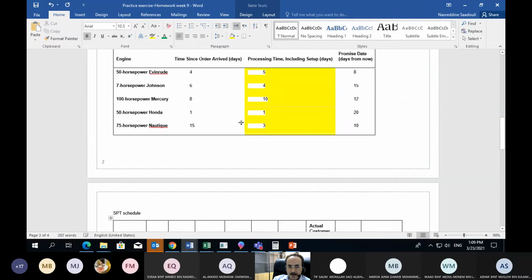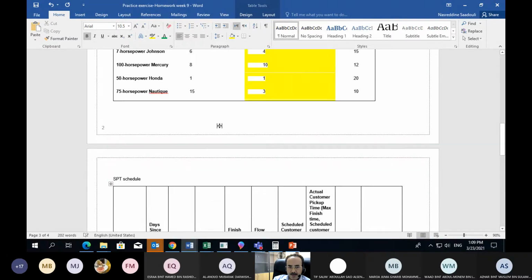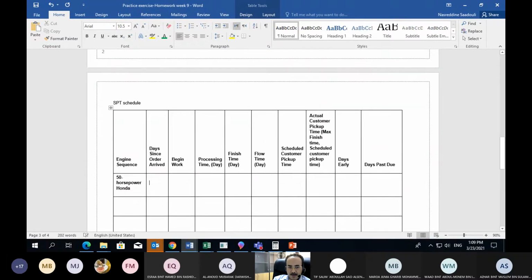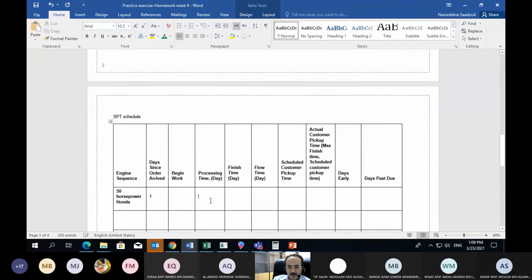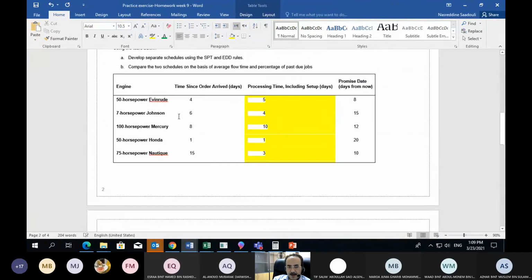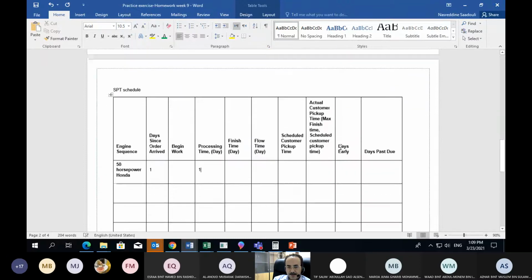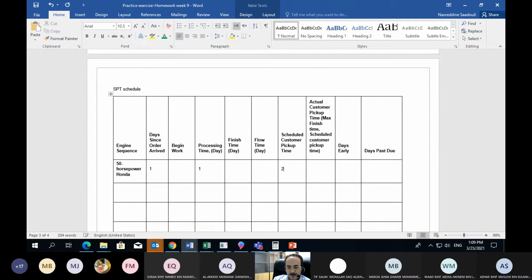And let's fill out the remaining information. So time since order arrived is 1 day. Processing time is 1 day. And promised date is 20, which is the scheduled time. That's therefore our first job.